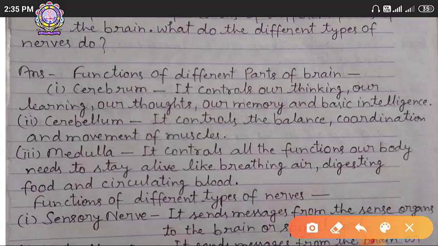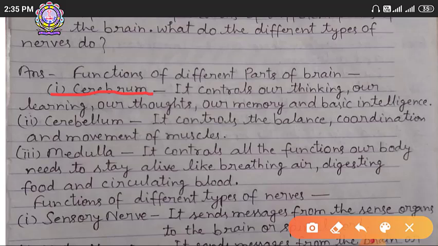Your first heading will be functions of different parts of brain. Now first part is cerebrum. Cerebrum is the first part of your brain.